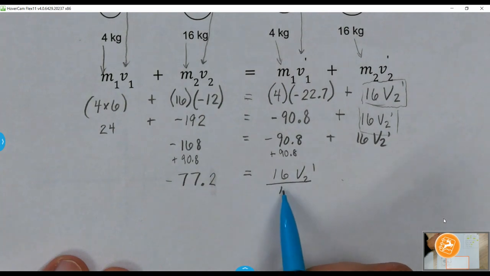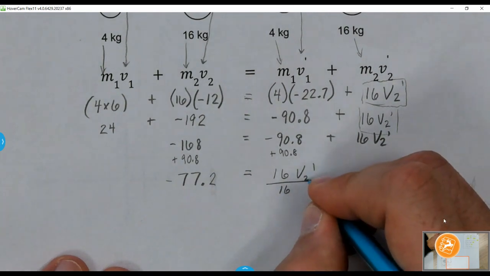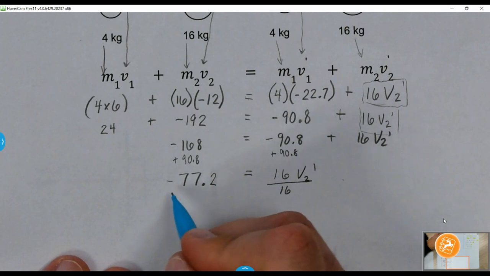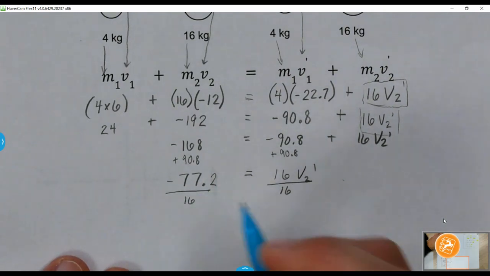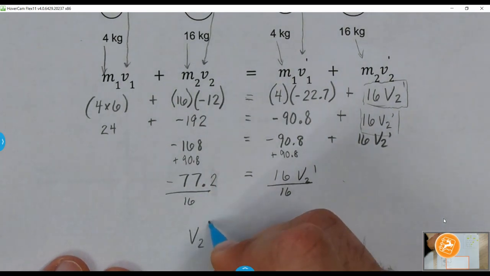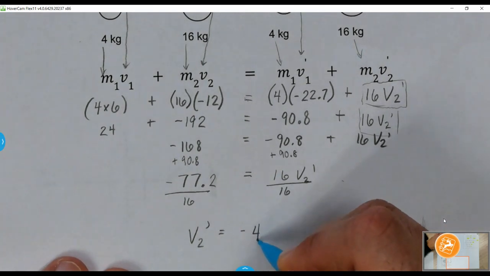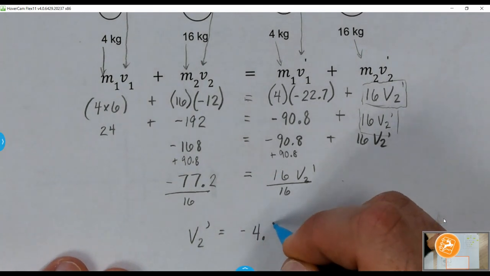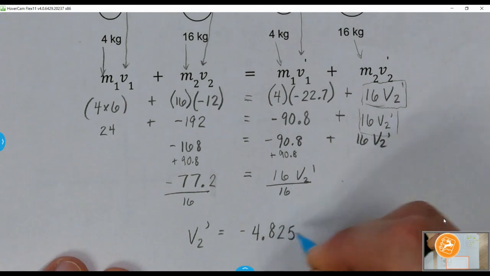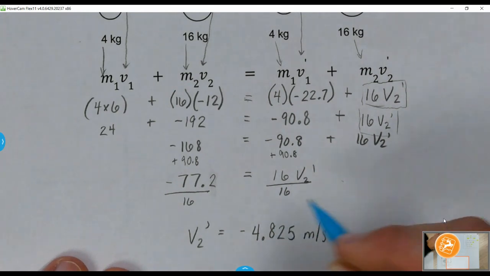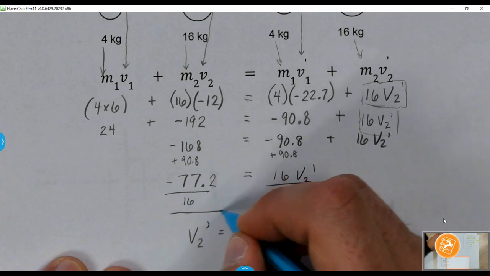Now is where we do the divide. So we don't touch that 16 until the very end. And therefore, V2 prime comes out to be negative 4.825 meters per second. Let's see if I can make a better rectangle here.